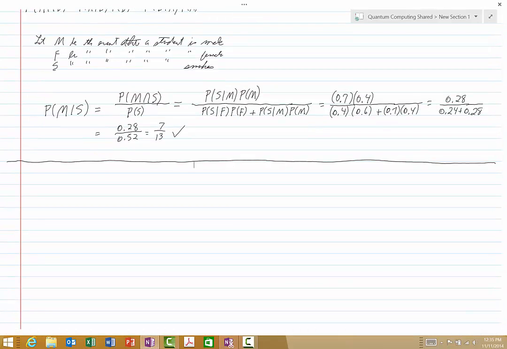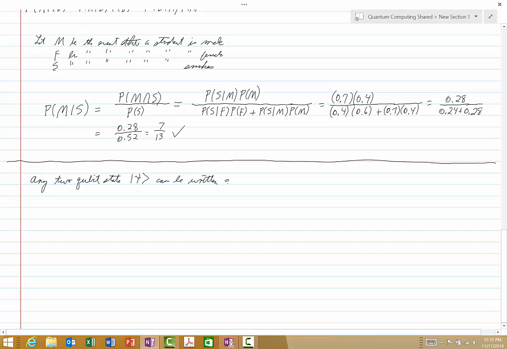So let's write it like this: any 2-qubit state C can be written as C equals A 0 0 plus B 0 1 plus C 1 0 plus D 1 1.